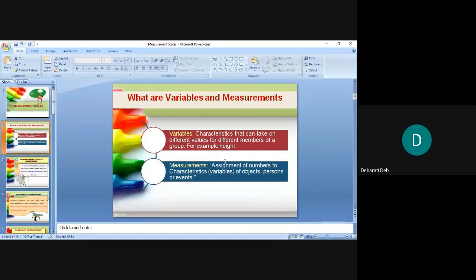That is called measurement. How do you collect the data in its numerical form so that you can apply the perfect test and then decide something about the data? That is done with the help of measurements.